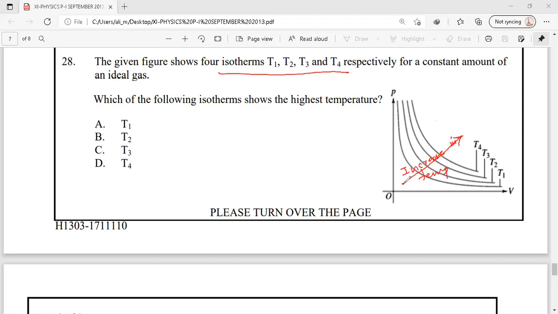This means the tail of this arrow shows the low temperature, and the head of the arrow shows the high temperature. So from these graphs, the fourth isotherm, T4, shows the highest constant temperature. So option D, T4, is the right answer.